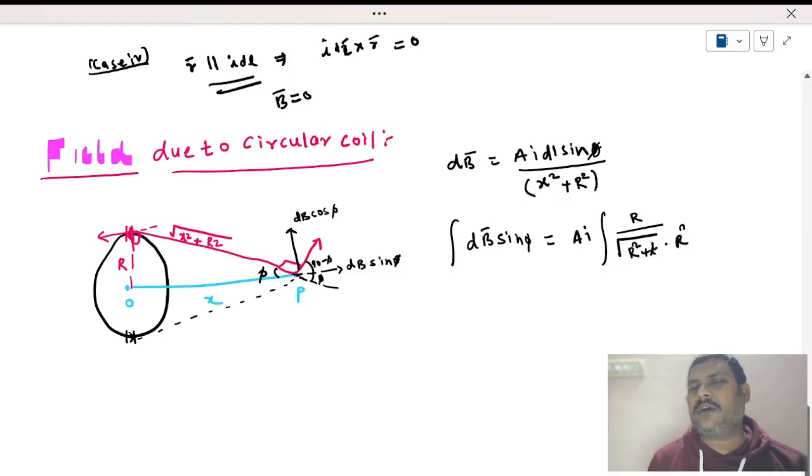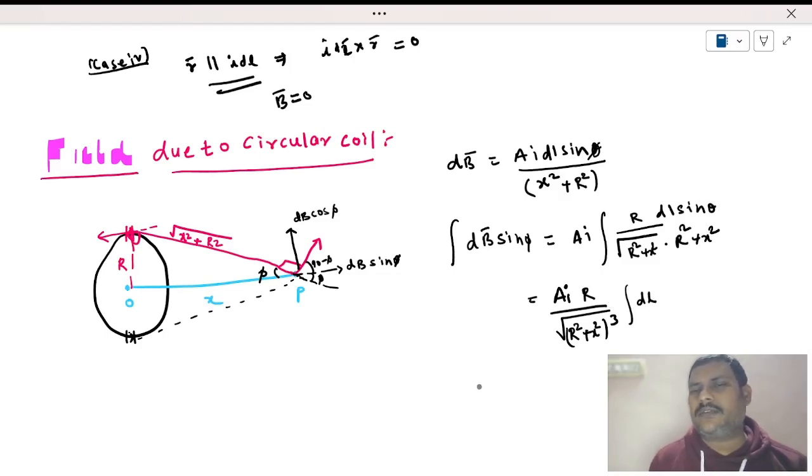As we discussed, the angle between dl and r bar is 90, so sin theta becomes 1. So this becomes I into r by root over r square plus x square whole cube, integral of dl.